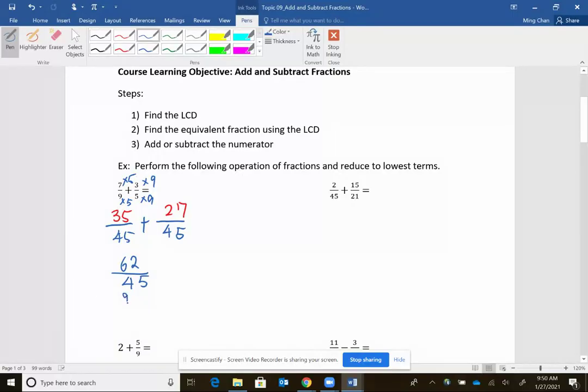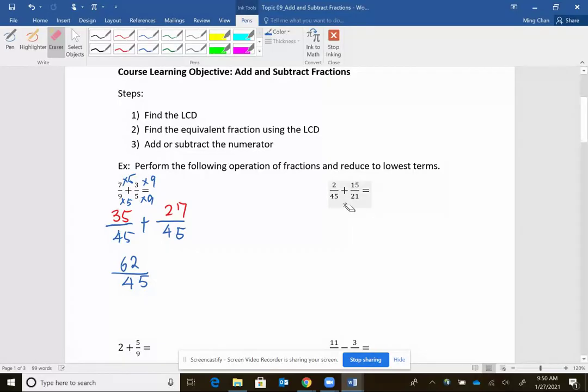But inside of 9, if you think about prime factorization, is 3 times 3. So the question is, can I reduce my 45 and 62 with 3? The answer is no, because 6 plus 2 is only 8. 3 cannot go into 8. 3 cannot go into 62. So that's how I know it's reduced to the lowest term. I have to try all the possible scenarios. Think of a number that can go into both of them.